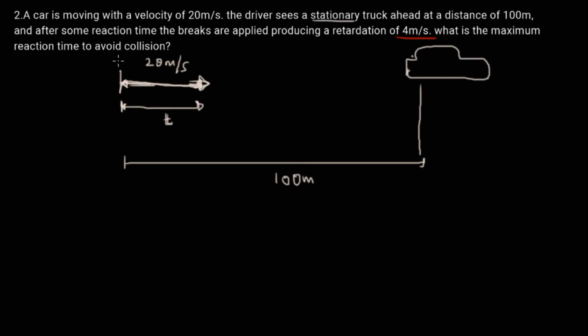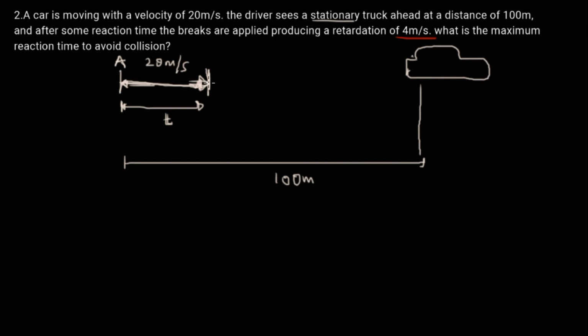So let's say this is point A. When the car gets to point A, then he sees a stationary truck ahead at a distance of 100 meters. So he needs time t to react. After that, he applies the brakes at this point.